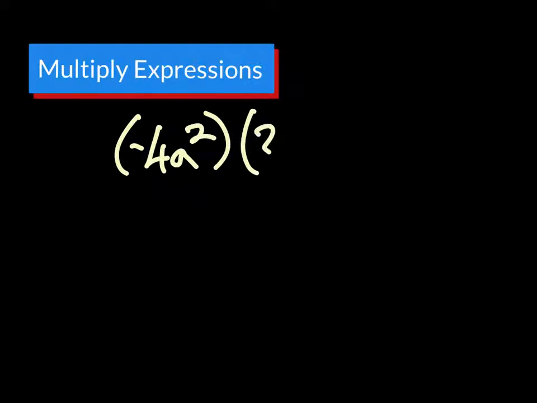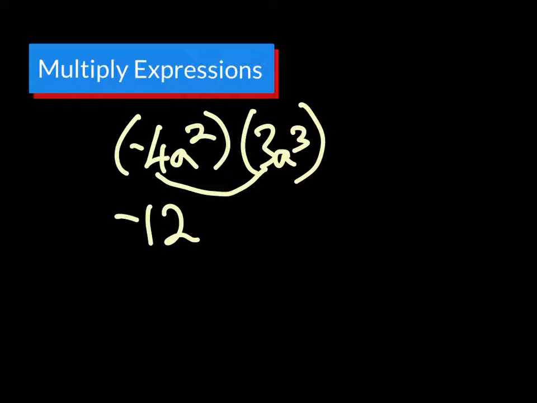In the first example, we're going to multiply negative 4a squared times 3a cubed. So we said that the first step is to multiply the numbers or numerical coefficients. So negative 4 times 3 is negative 12.